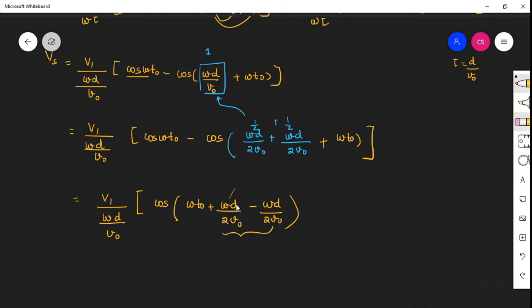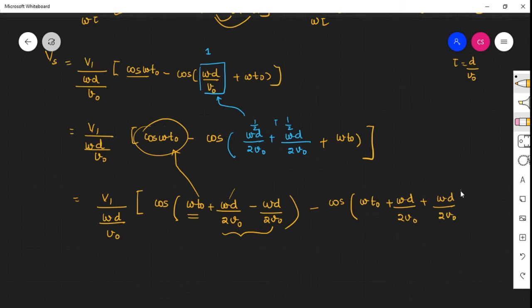The two terms get cancelled. We will be having only this same omega T naught. So I'm adding and subtracting omega d by 2 V naught. The second term, we'll rearrange the terms. So it is omega T naught plus omega d divided by 2 V naught plus omega d by 2 V naught.